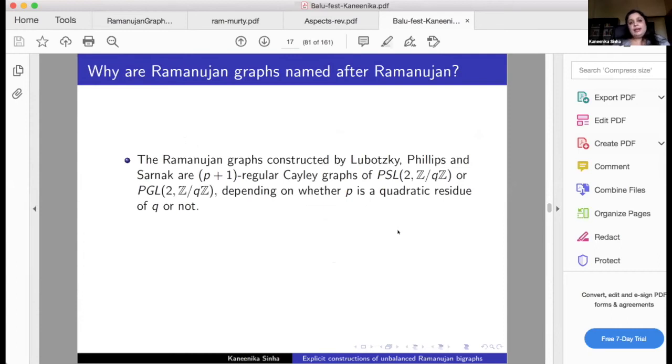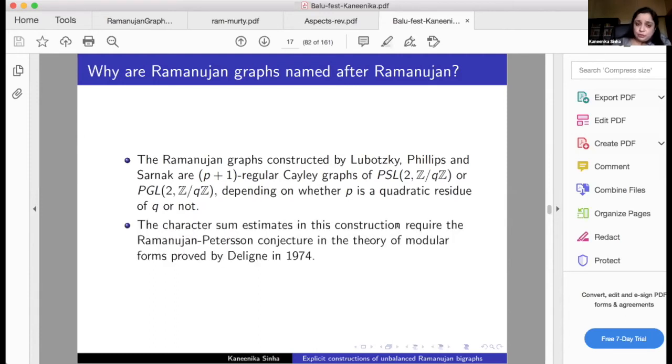In particular, the construction of Lubotzky, Phillips, and Sarnak can be interpreted as p plus 1 regular Cayley graphs, where the underlying group is either PSL2 of Z mod QZ or PGL2 of Z mod QZ, depending on certain properties of the primes with respect to Q. To show that these graphs satisfy the Ramanujan property, we have to use character sum estimates coming from the Ramanujan-Deligne bound from the theory of modular forms.